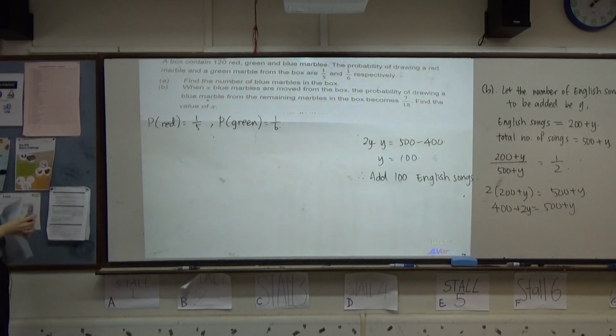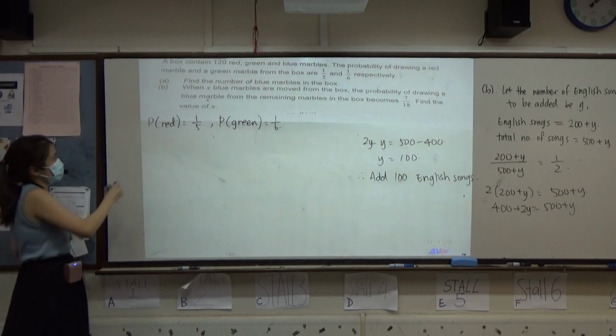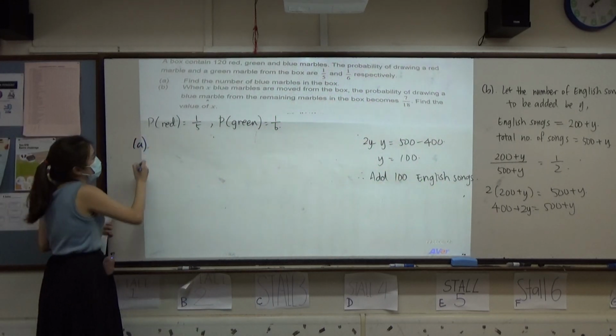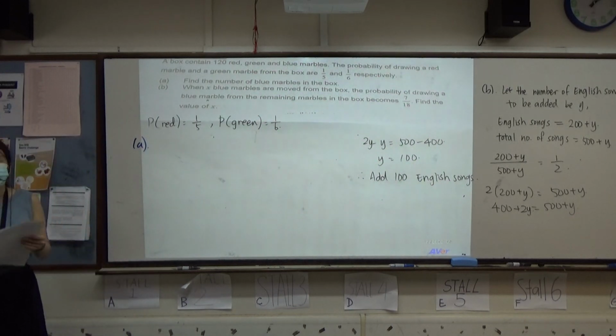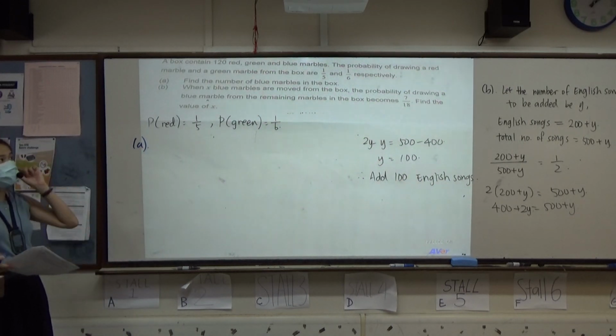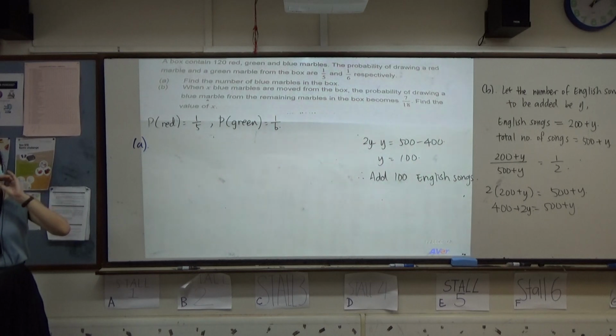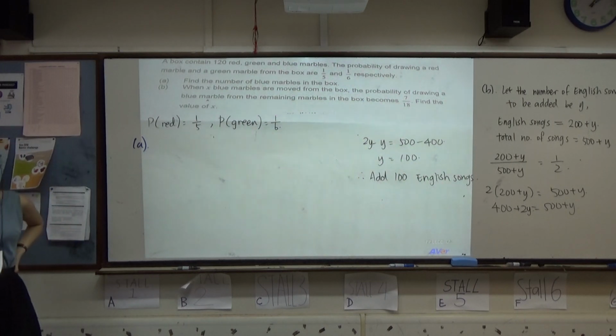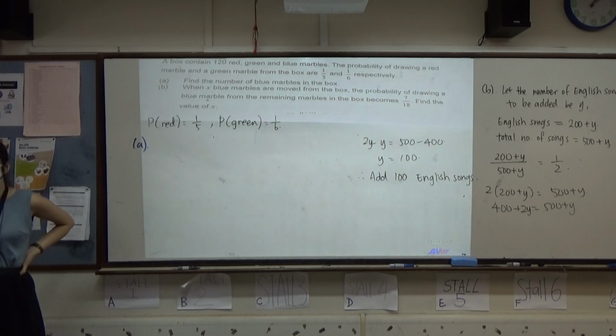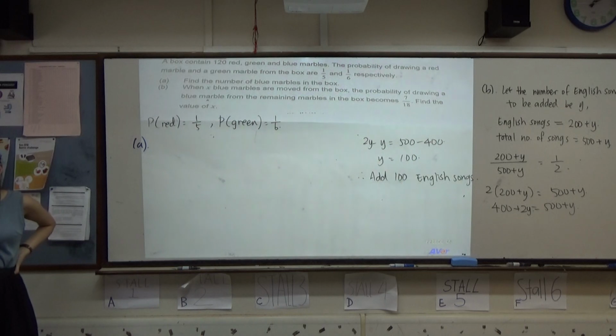In part A, we want to find the number of blue marbles in the box. How do you think we can find the number of blue marbles in the box? What do you think?